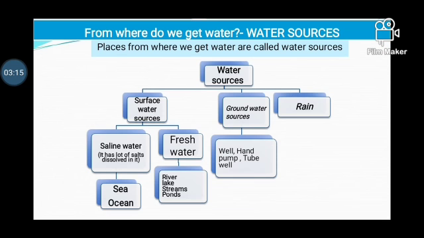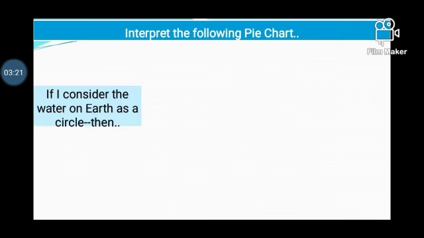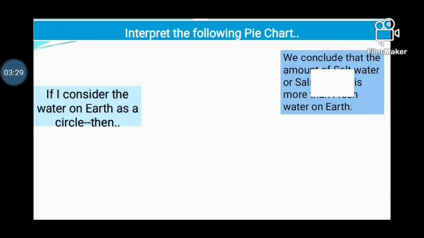So, these are the water sources. If I consider the water on earth as a circle, then we conclude that the amount of salt water or saline water is more than fresh water on earth.